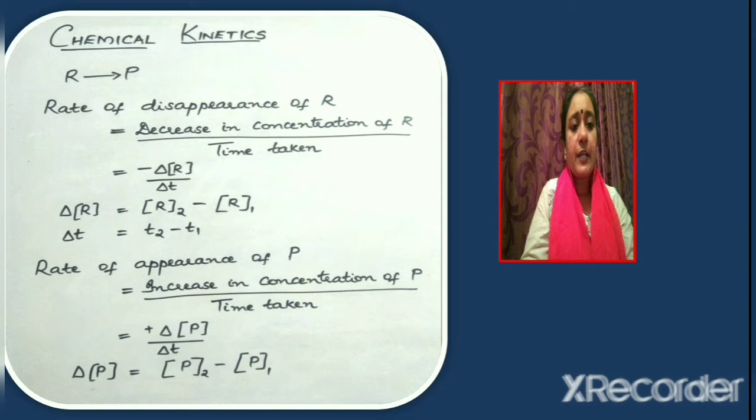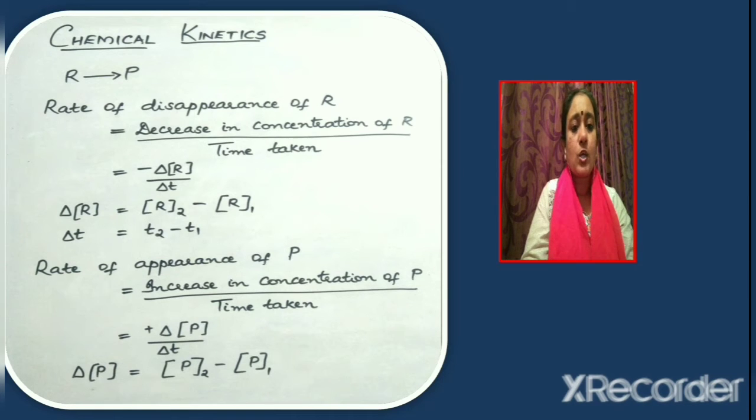Rate of disappearance of the reactant R therefore is given as decrease in concentration of the reactant R divided by time taken, or it is equal to minus delta R by delta T. And what is delta R equal to? R2 minus R1, and delta T is equal to T2 minus T1.